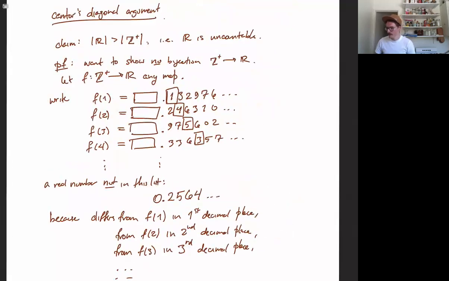So we've taken any function, any map, from the positive integers to the real numbers, and we've written down a number that is not in the image.